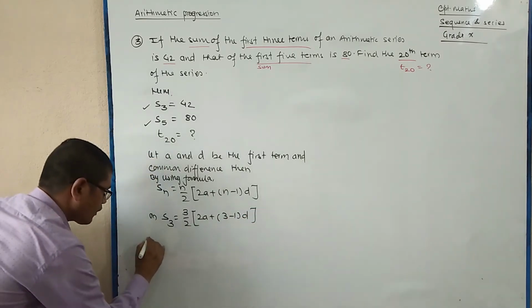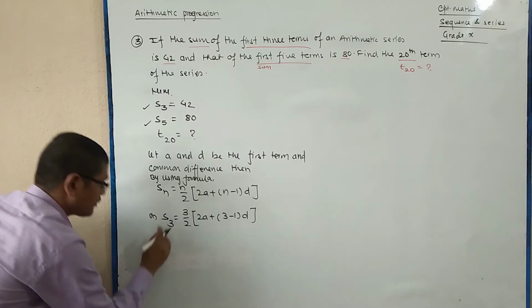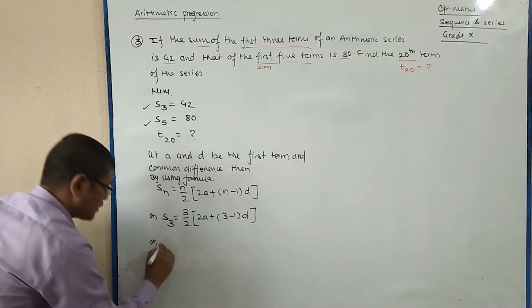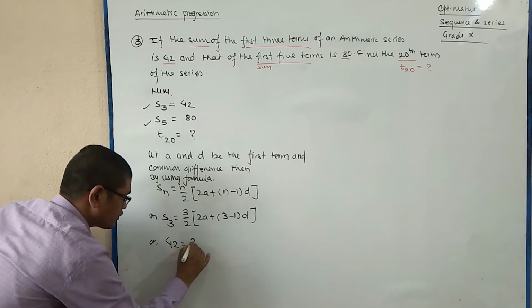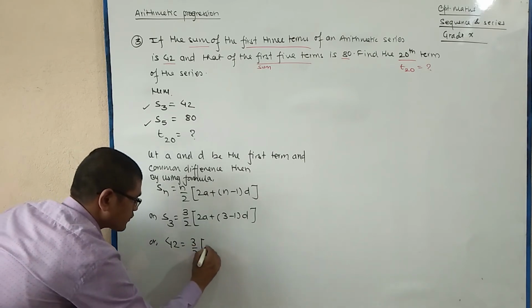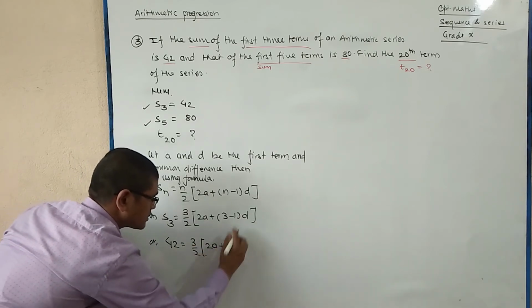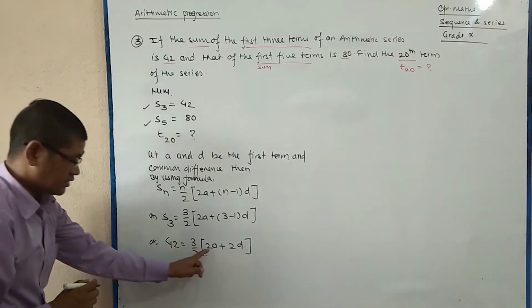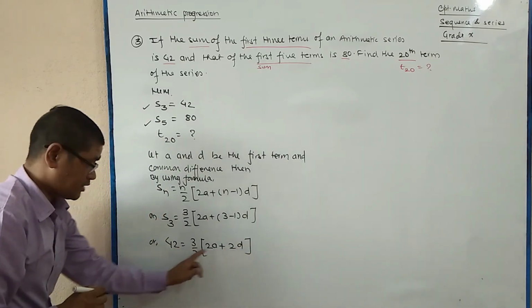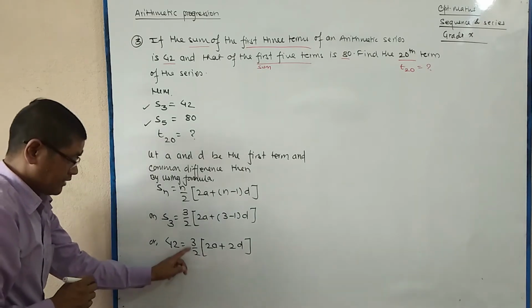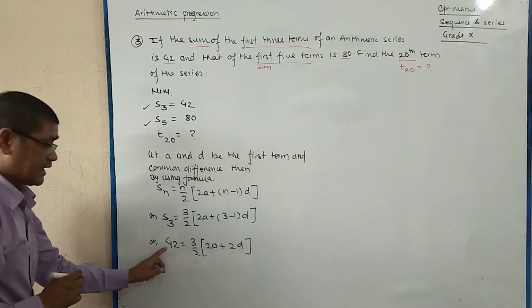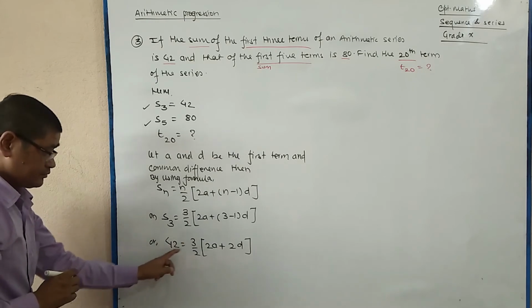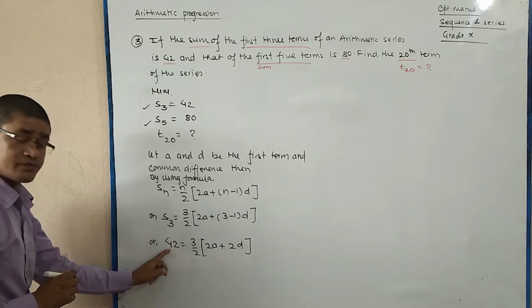The value of S3 is 42, so 42 equals 3 by 2 times twice a plus 2d. Here also 2, here also 2. If we take common, these 2 will cancel out. And we can divide 42 by this 3.